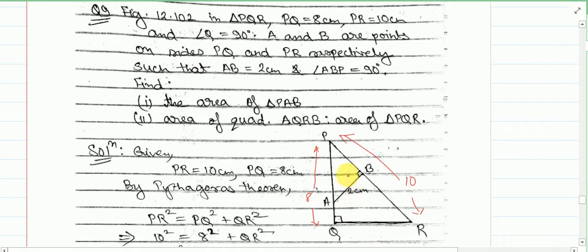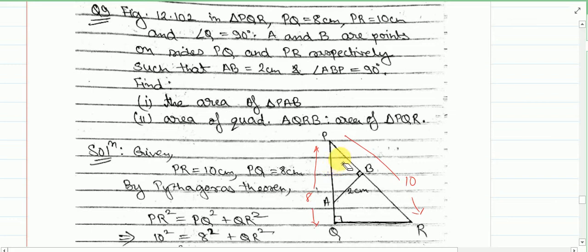We have to find the area of triangle PAB. In order to find the area of this triangle PAB, what we can do is firstly find the base of this, that means we can find PB, and then use the formula for the area of a triangle, half base into height.